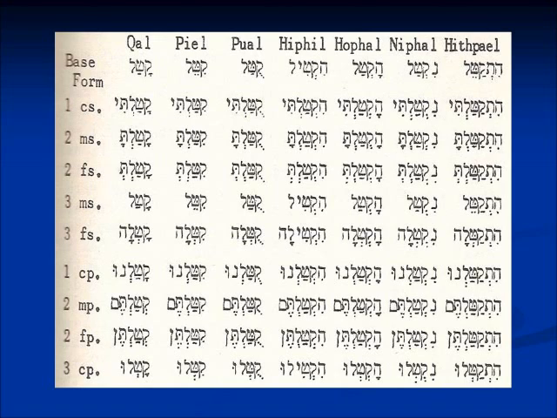This page is a complete breakdown of how one verb would look in all its different formats. This is actually just the past tense. But they have chosen a completely useless root, which only appears, I think, 3 times in the entire Tanakh.